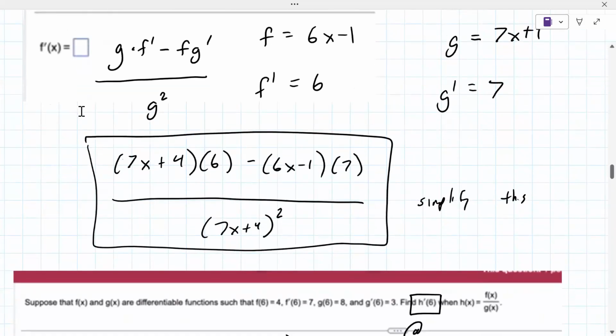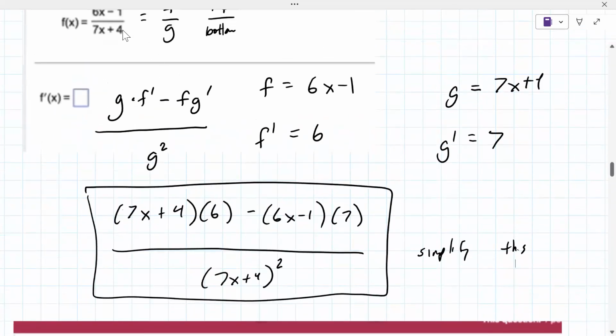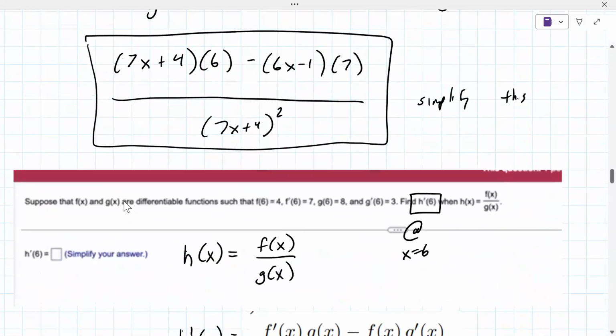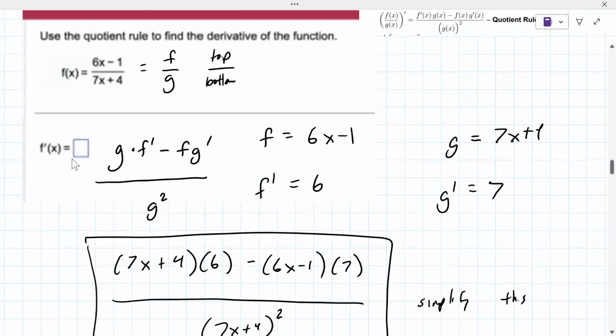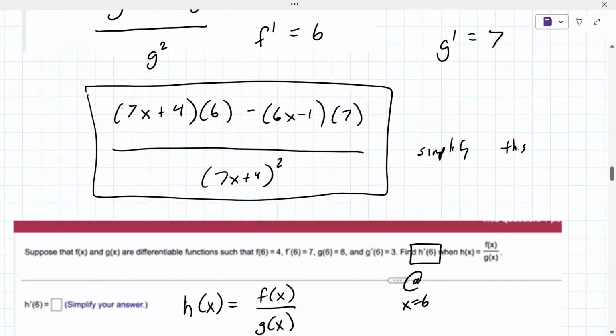In full disclosure, there's a million calculators out there that you can go and ask for the derivative of this, and it will simplify it. It just doesn't help you when you've got to do it on your own. I'm looking for it just to simplify your answer. See how this one says to simplify your answer.